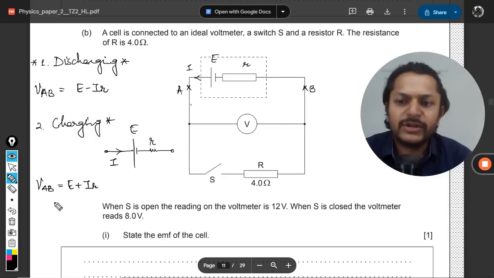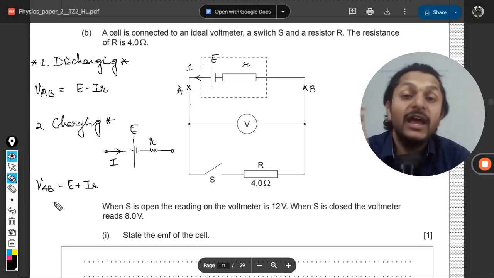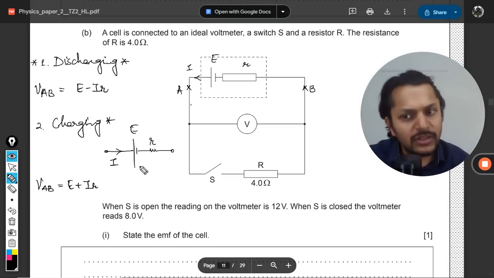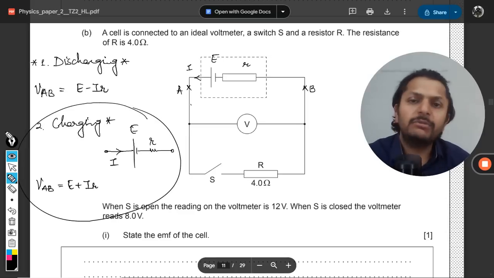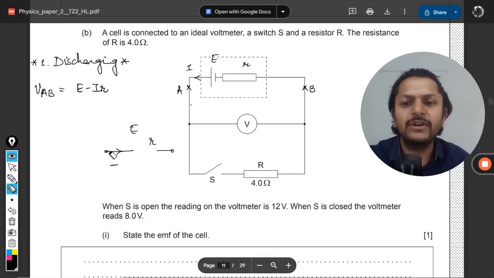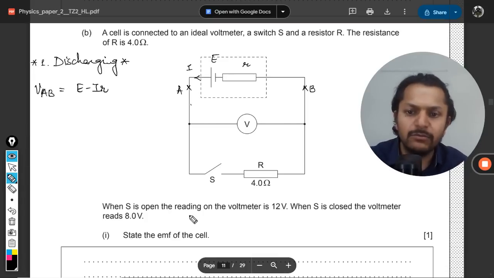That is the potential difference across the battery when current is passing through it and it is charging the battery. There are a couple of questions in previous years of IB that use this formula. But in this question, this formula will not be required, so I am removing it. If you want to note it down, you can pause the video and move back.